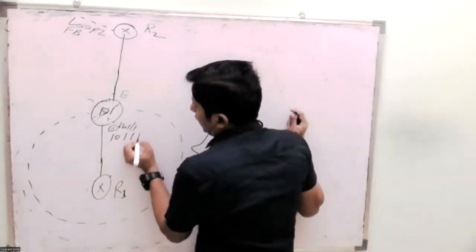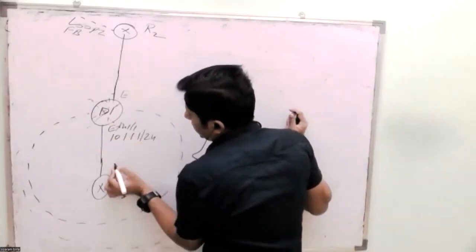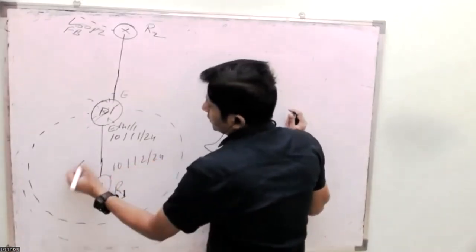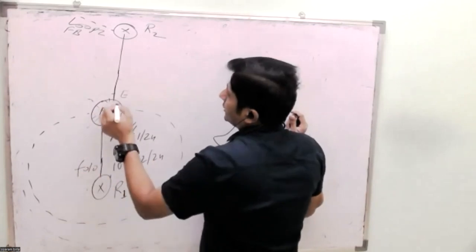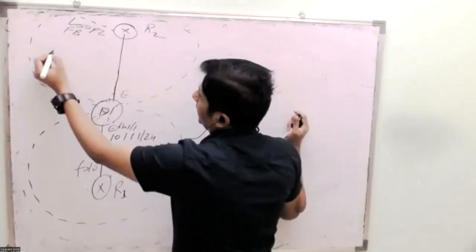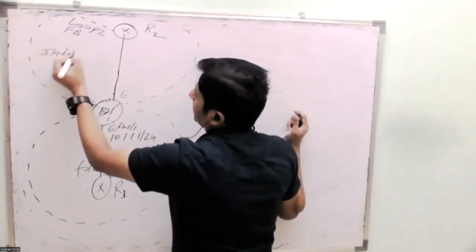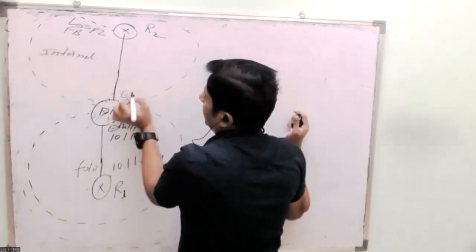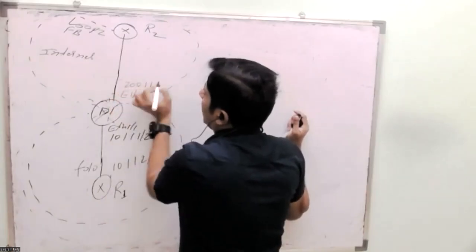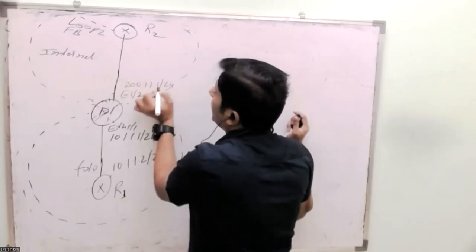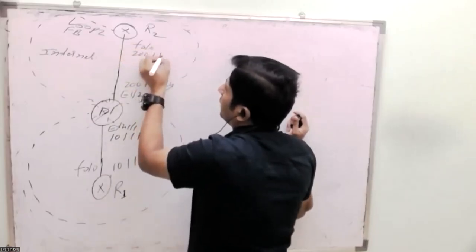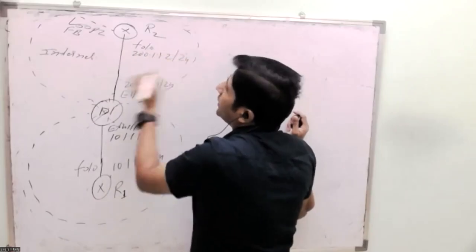Its IP address is 10.1.1.1/24. Its IP address is 10.1.1.2/24. And this side is the internet. This is Ethernet 1/2, its IP address is 200.1.1.1, and this interface is 200.1.1.2/24.